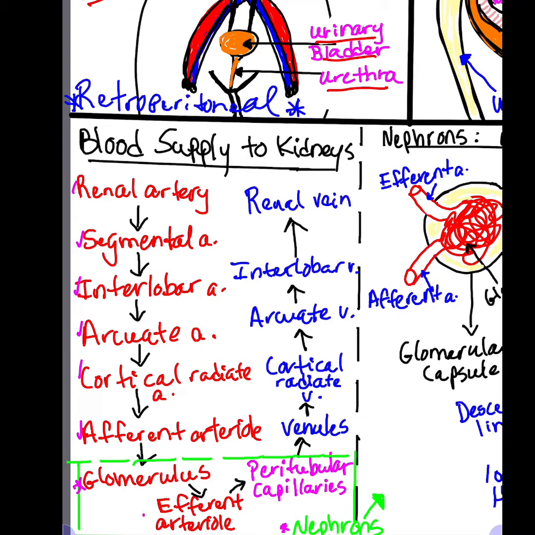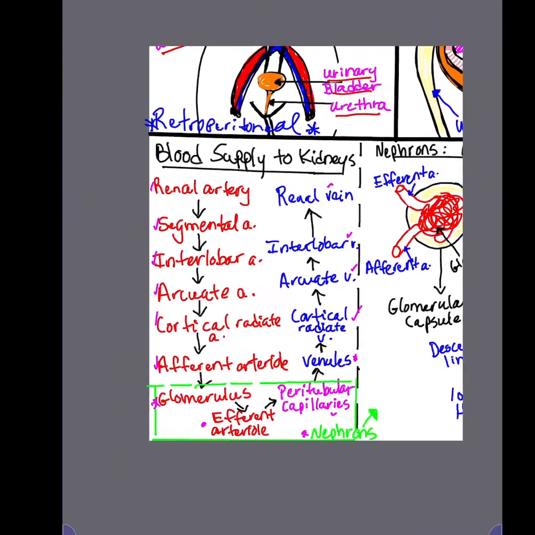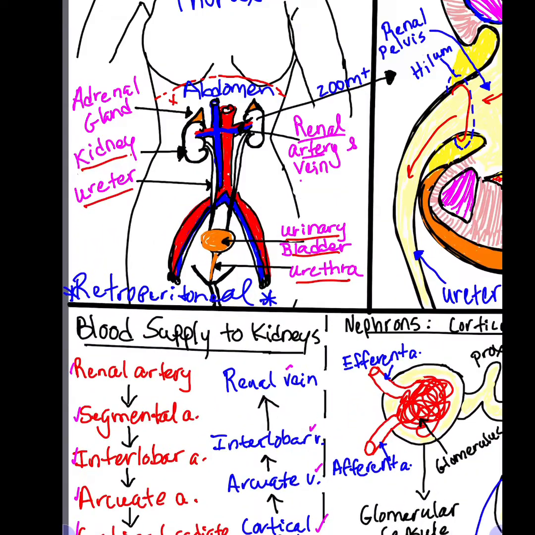Then from the afferent arteriole to the glomerulus to the efferent arteriole, towards the peritubular capillaries, and at this point we go back into venules, cortical radiate vein, arcuate vein, interlobar vein, and then back to the renal vein over the abdomen.